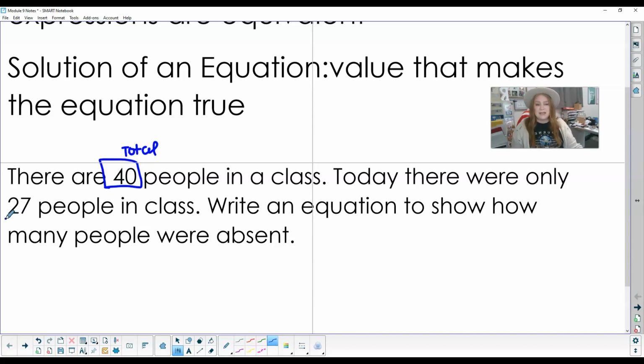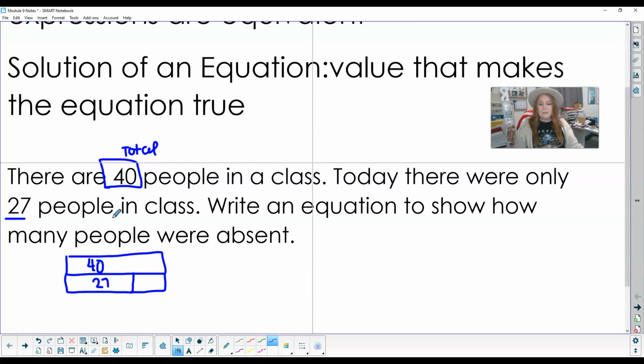And today there are only 27 people there. So I know my total is 40, but today there's only 27 of them, and it wants to know how many people were absent.